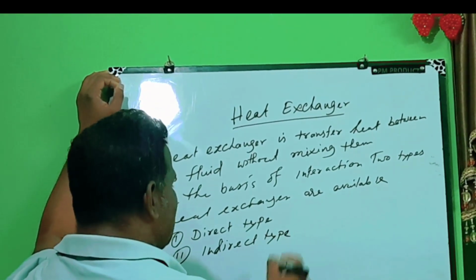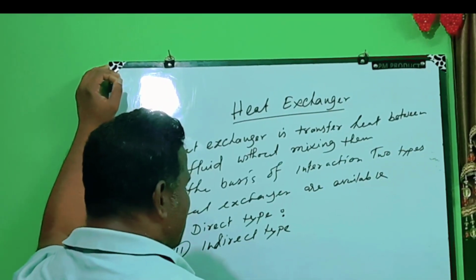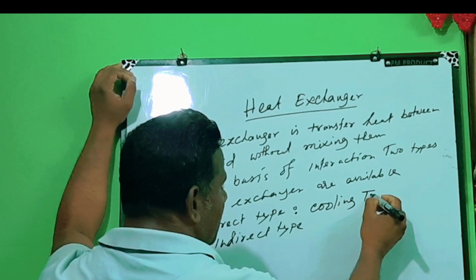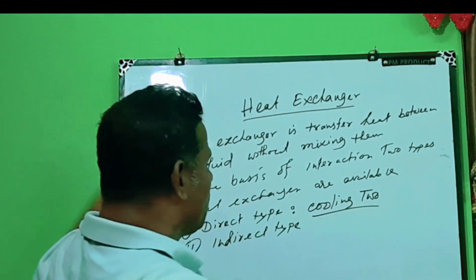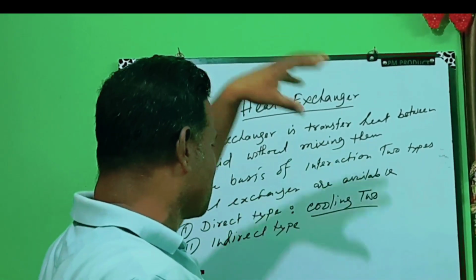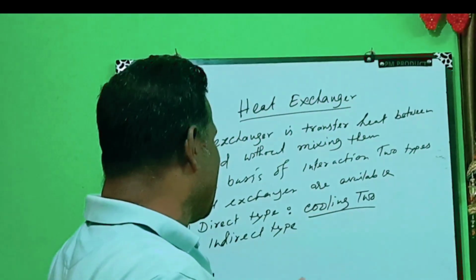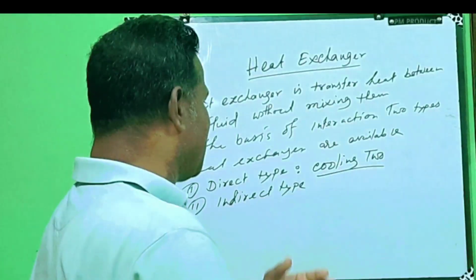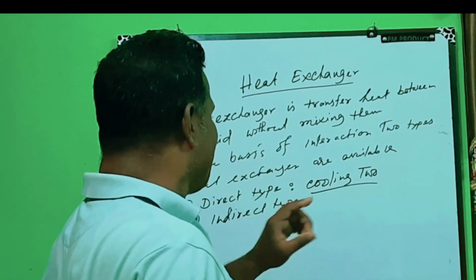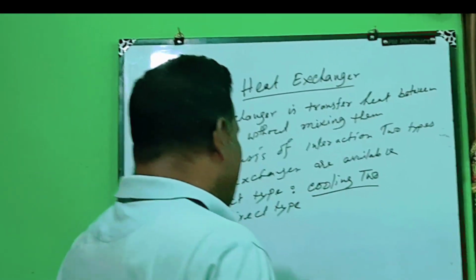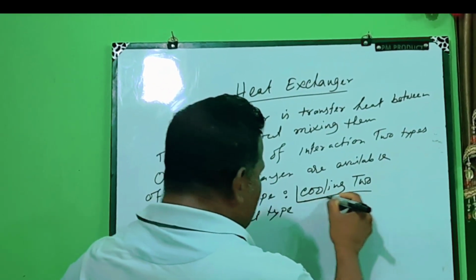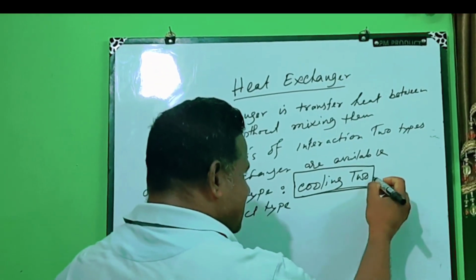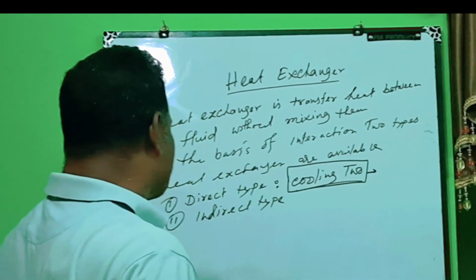If I discuss the direct type heat exchanger, you can think of the cooling tower as a direct type heat exchanger, because in the cooling tower hot water is coming from the top side, and from the bottom air is provided, and this air directly contacts the water and takes heat, and after it will go out to the atmosphere. By this way, the cooling water temperature is reduced.